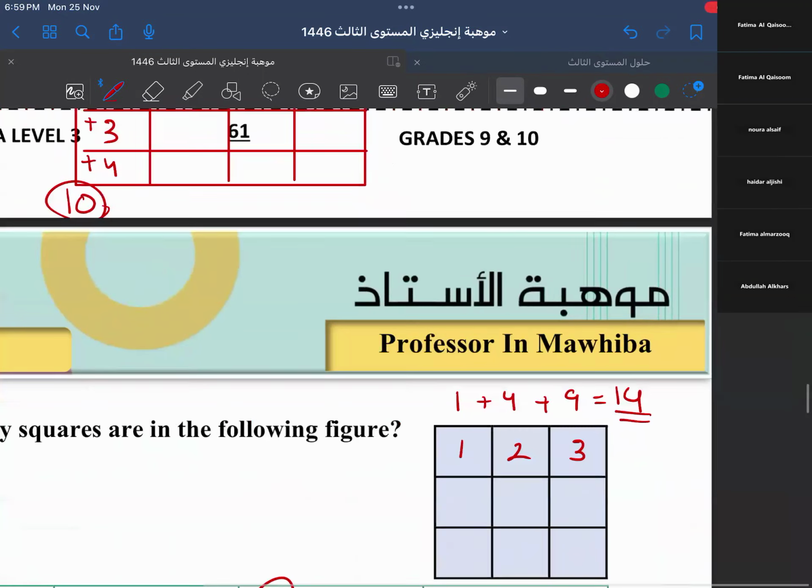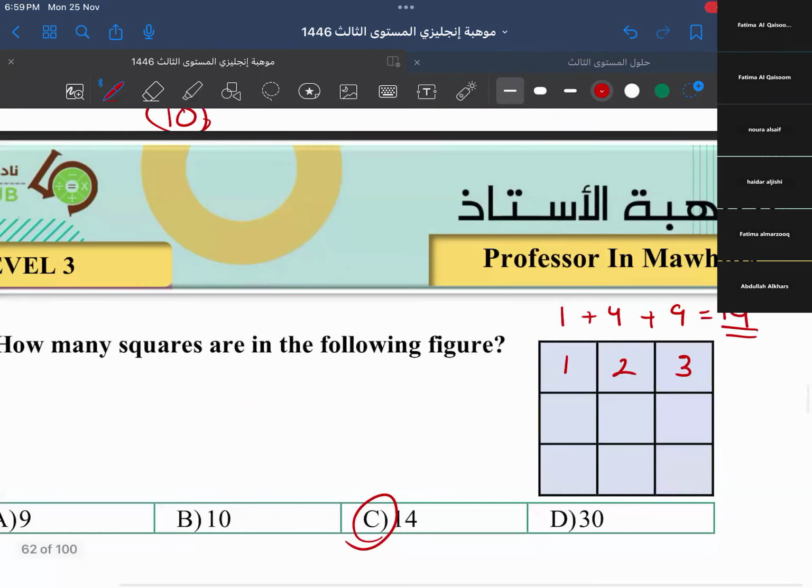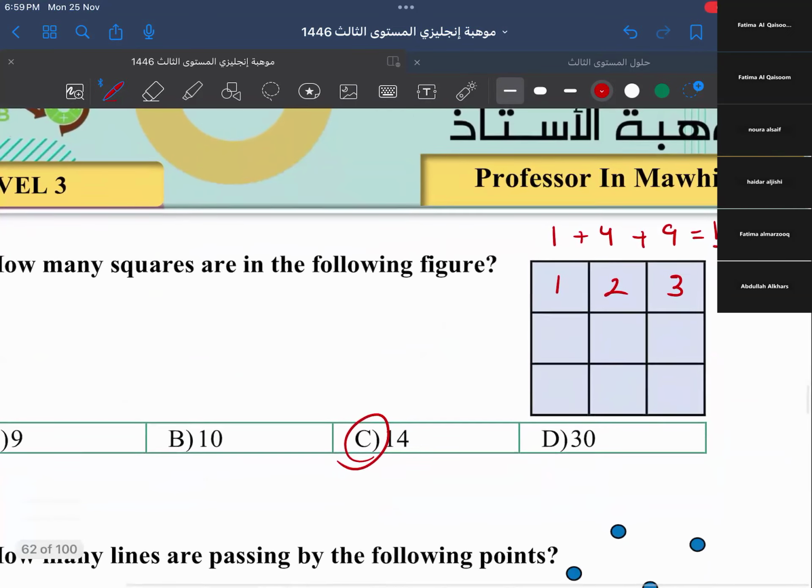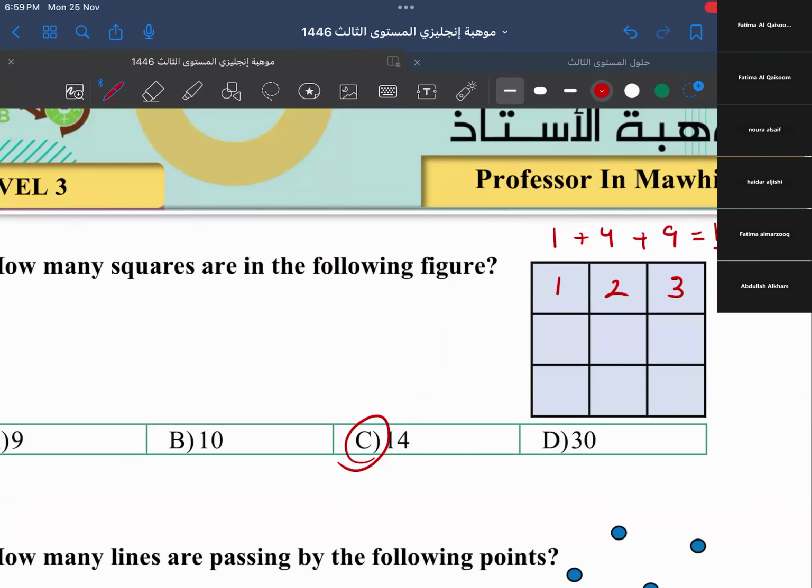And then lastly, if you want to count the number of the squares, if they mention you specifically the squares, you use this way. You only see the row 1, 2, 3.